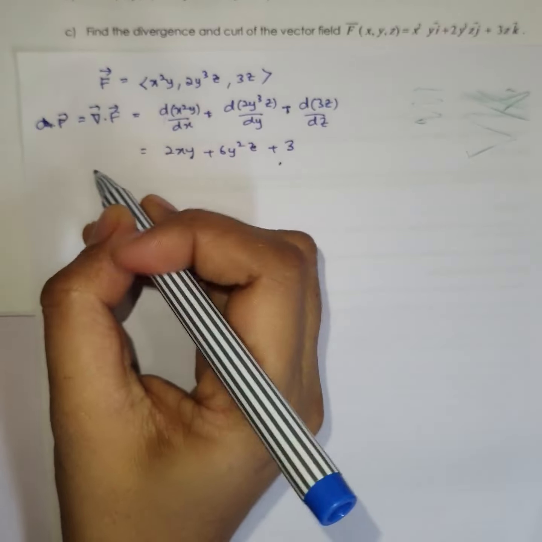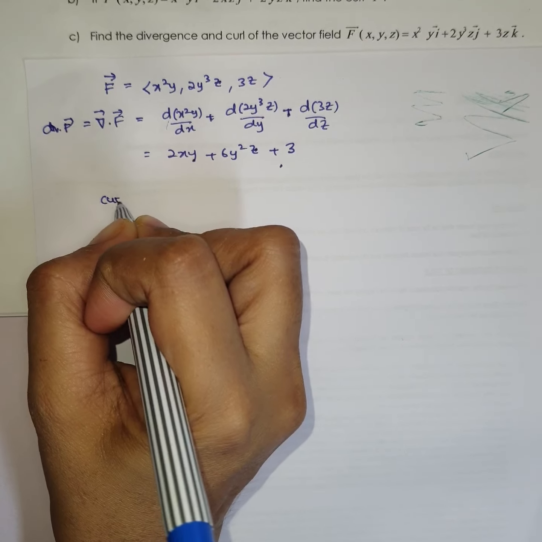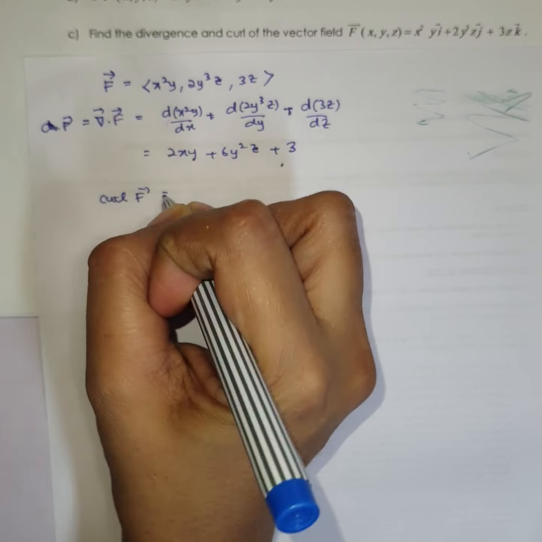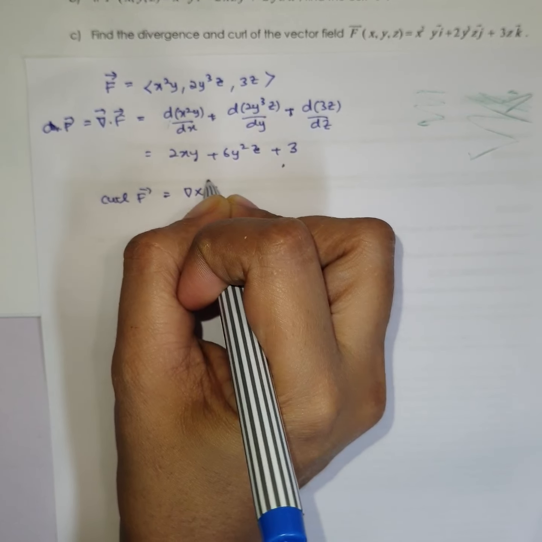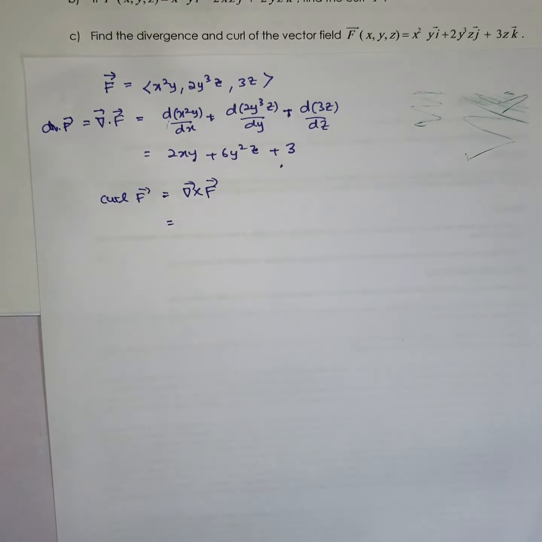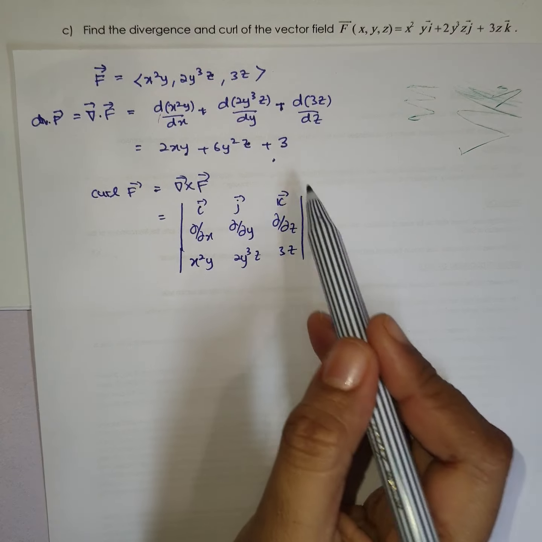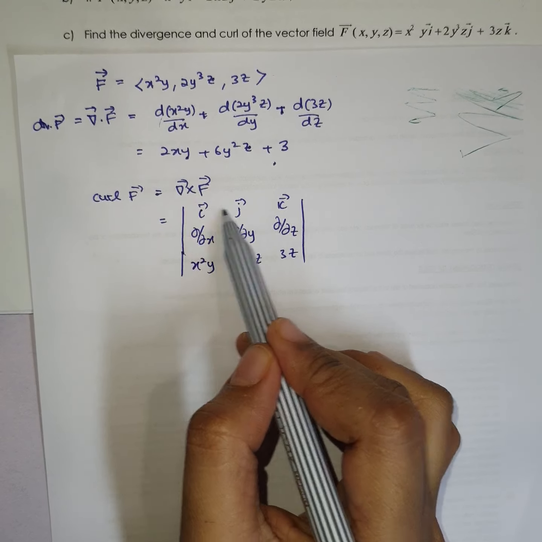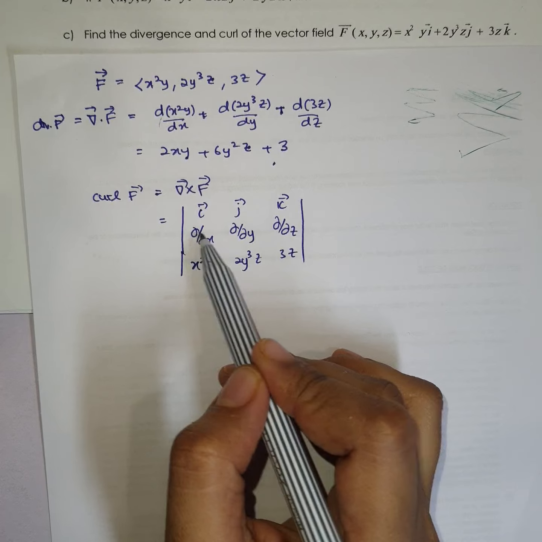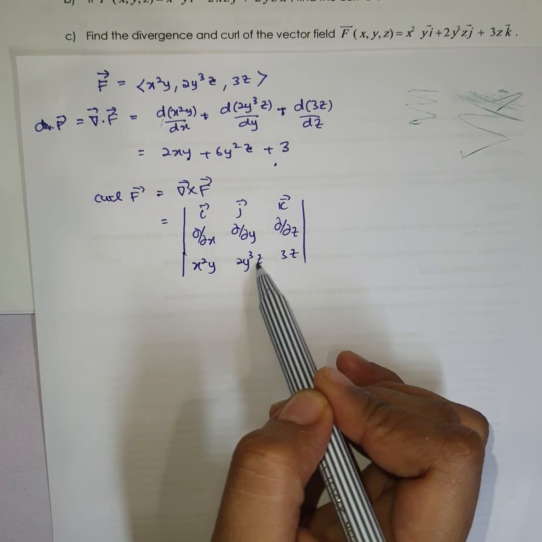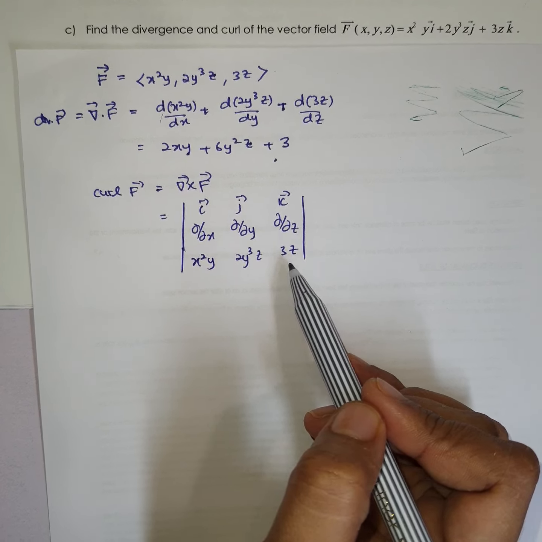Now we want to search for the curl. So curl f adalah del cross f. Alright. Okay, so you have curl f, this is i j k, this is del x, del y, del z, it is komponen I, komponen j dan komponen k of your vector.